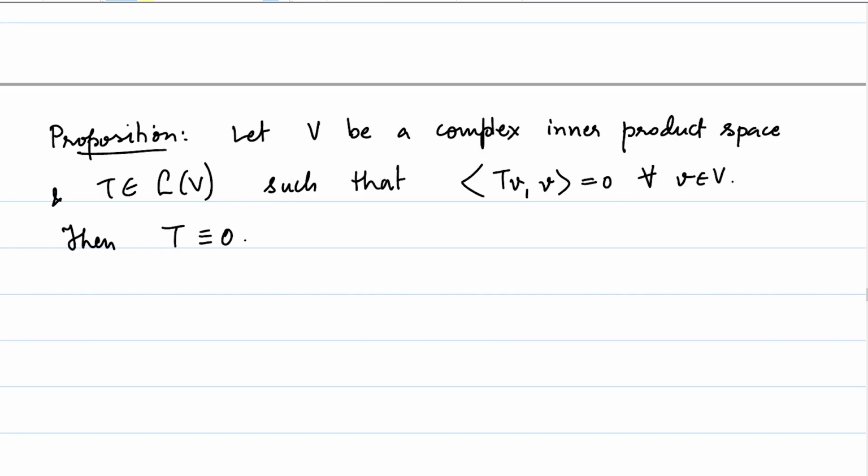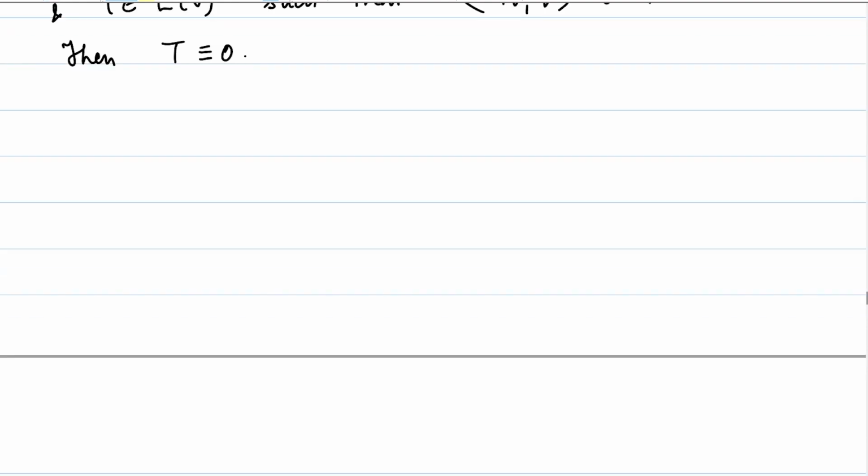Notice that we have imposed a very specific condition of V being a complex inner product space, because in the case of real inner product spaces, this proposition is not true. I'll leave it to you to check that.